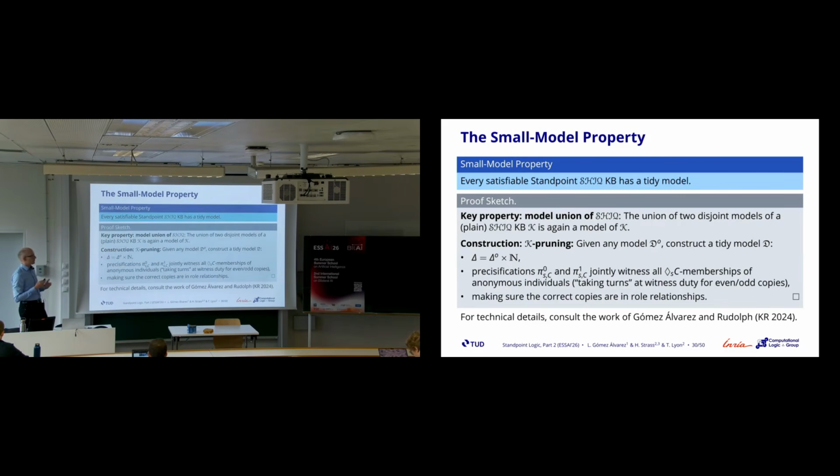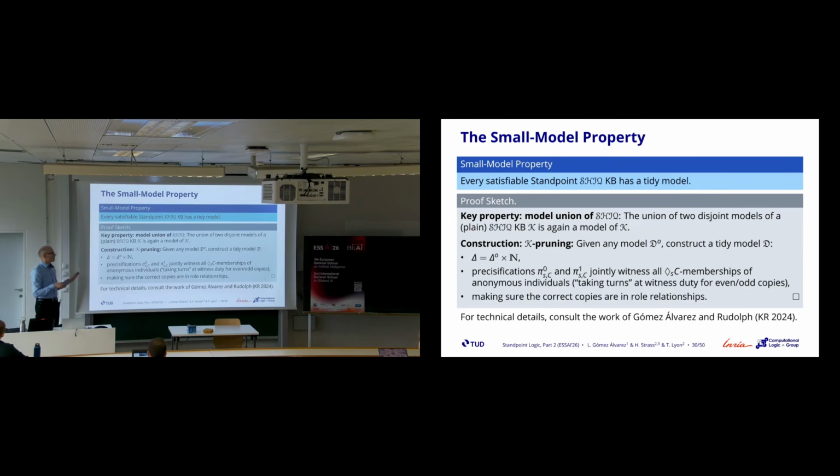So that's what matters to us. And then the idea is that these two precisifications will witness all of these diamond S memberships. Then we also introduce precisifications for individual names, witnessing the diamond S memberships for the named individuals.